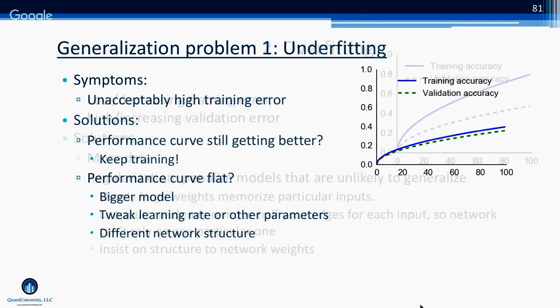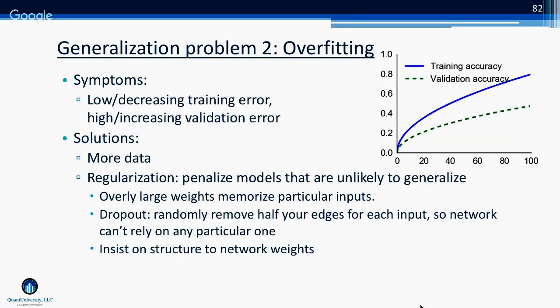The other problem is overfitting. This is where the training accuracy is great, and you're happy with it, but your validation accuracy is not so great. Or in particular, if they're diverging, right? So if I look at just my training data, I'm getting 80% accuracy. Maybe that's good enough. But again, I don't really care about the training accuracy.